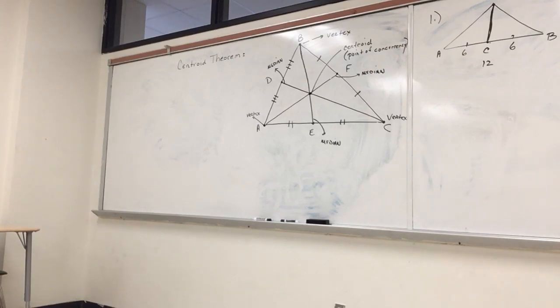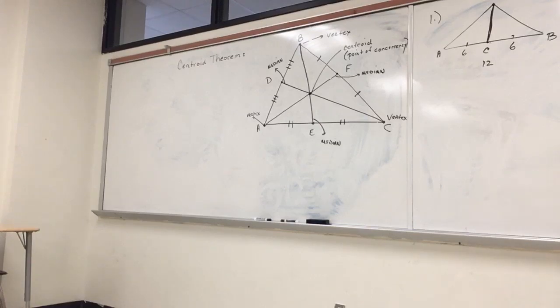In other words, if we were to cut that triangle out, draw its centroid, then take that centroid and put it on a pin right here and hold it out, it would be perfectly balanced. That means it wouldn't tilt one way or another. So it is a balance point also.